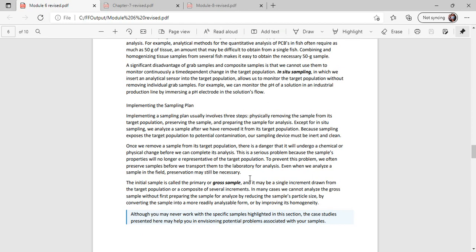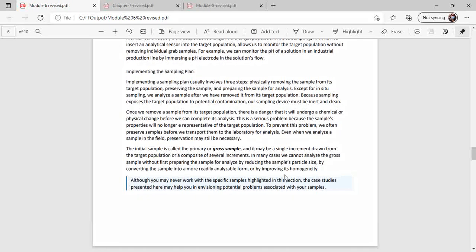It's a serious problem because the sample's property will no longer represent the said target population. To prevent this problem, we often preserve your sample before we transport it to the laboratory for analysis. Even when we analyze your sample in the field, preservation may still be necessary.